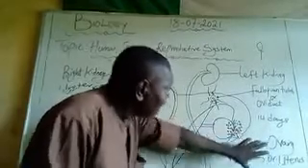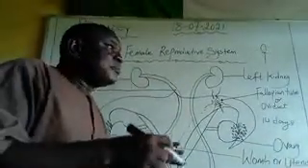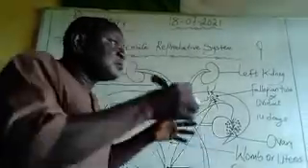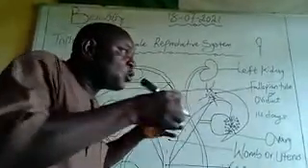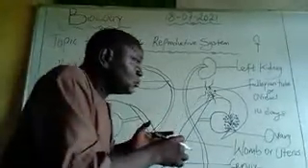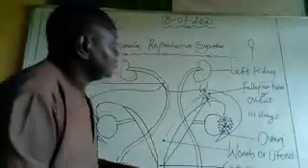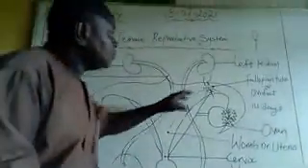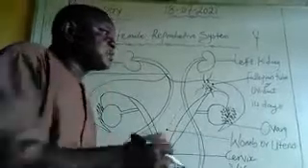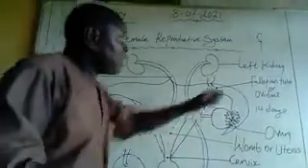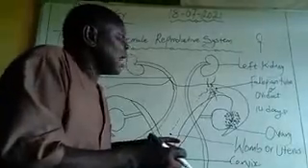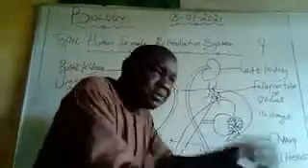Functions of the ovary. I said ovary produces eggs. It produces female sex hormones called estrogen and progesterone. Functions of the fallopian tube: it is a place where fertilization takes place. Fallopian tube is a muscular tube, and it is where fertilization takes place.